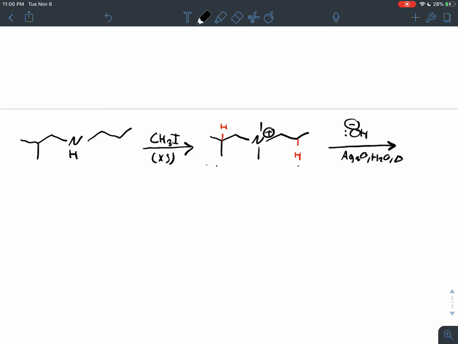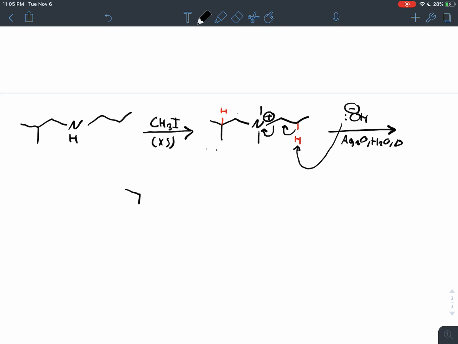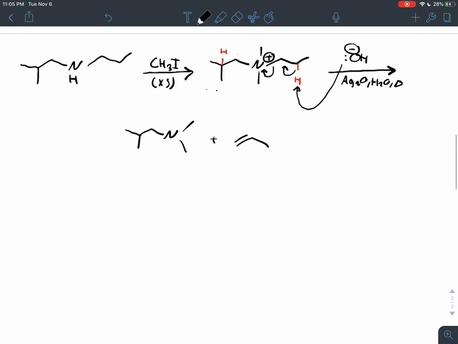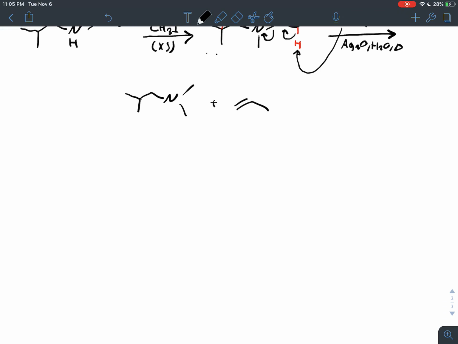So that one is least hindered, and the base will go in for that H. Goes in, and then the leaving group gets kicked out, plus the alkene from that new bond. And that's Hofmann.